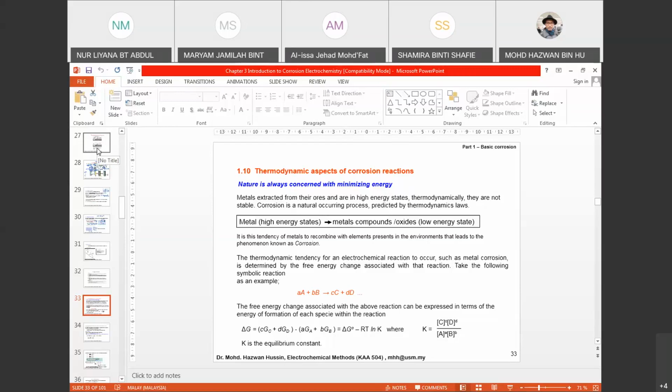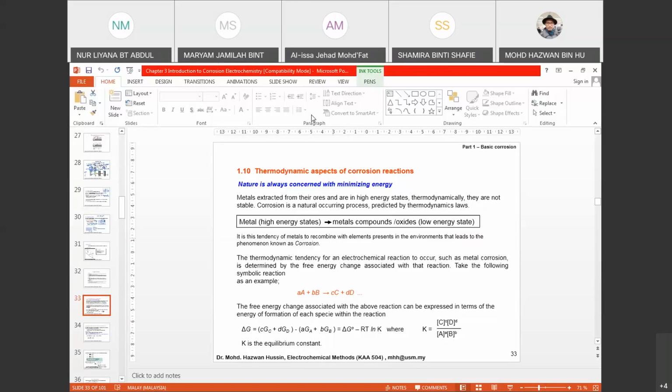So the overall free energy is the result of the products minus the reactants. So you have a change of energy, so-called delta G. And delta G is always related with equilibrium K, where K is equal to the concentrations of product over reactant.